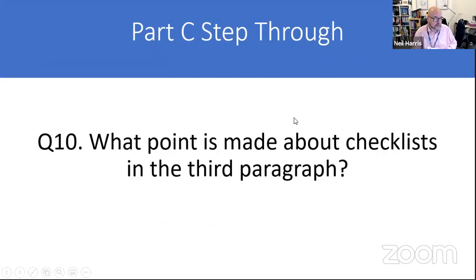Okay, let's just do one more together, and then that will give us an opportunity to hand over for you to have a go yourselves. So question 10, as before, we have our question stem. What point is made about checklists in the third paragraph?